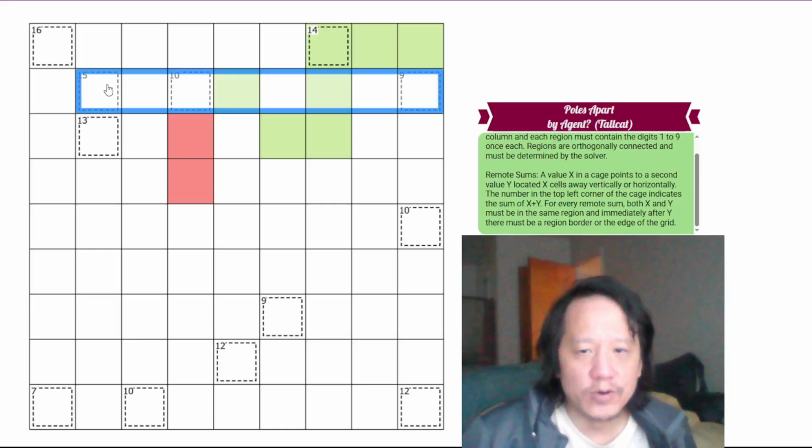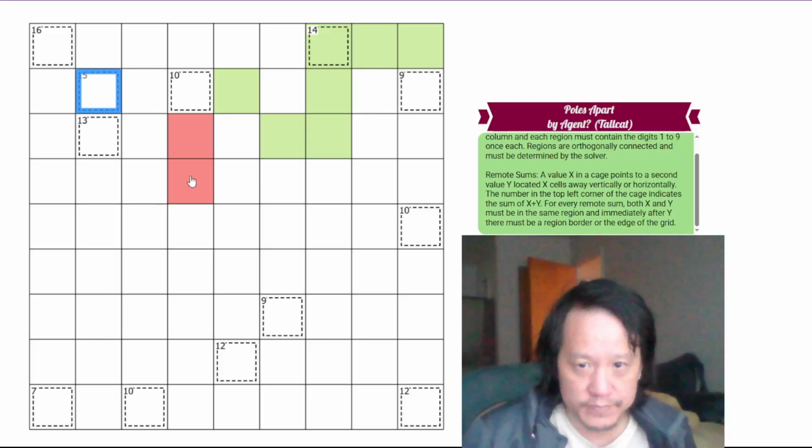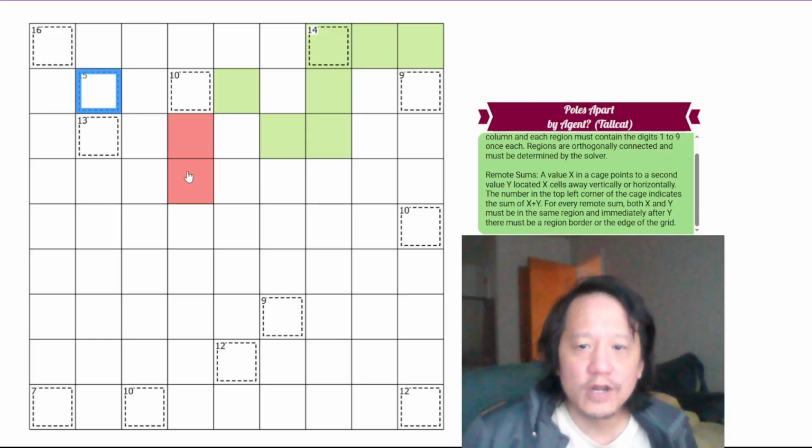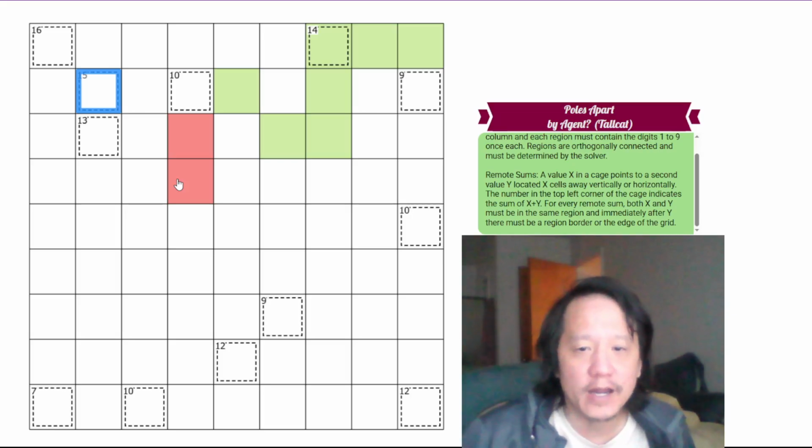And the number in the top left corner of the cage indicates the sum of x and y. For every remote sum, both x and y must be in the same region. And immediately after y, there must be a region border or the edge of the grid.